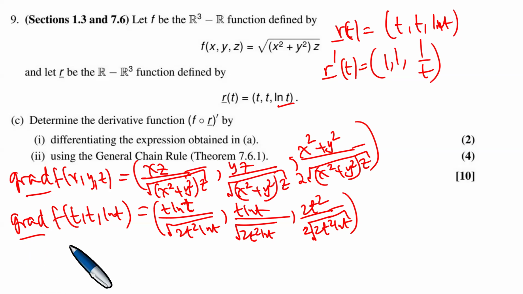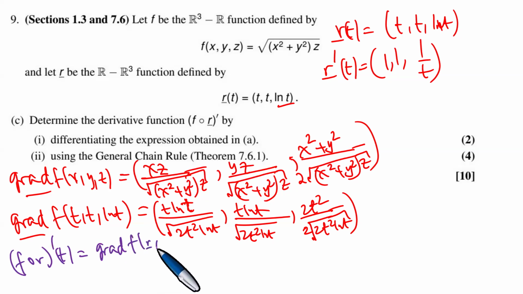Now whatever we want is the composition of F with r, using the chain rule, derivative of F(r(t)) with respect to t. And this here is going to be exactly this formula, the chain rule, which is theorem 7.6.1. It's going to be the gradient of F at r(t), dot r primed of t. This is the chain rule; it comes in the exam. If they say state the chain rule, they mean this one.